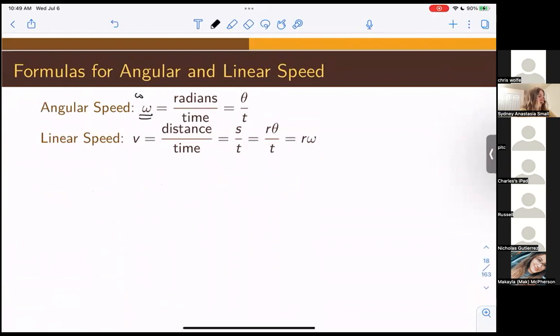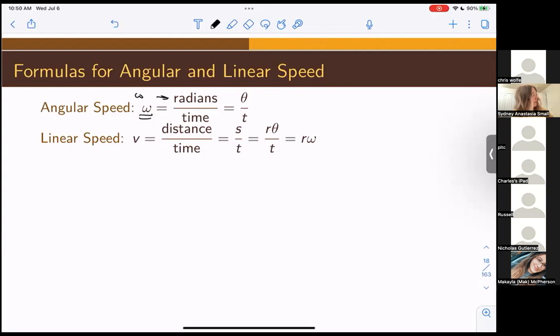But angular speed, we will always want in radians over time. We want the top guy to be how many radians we're traveling. We could do degrees. We could do revolutions, but whenever we're relating angular and linear speed, we need things in radians because it just makes life nicer. It gives us a nice relationship between the radius and the circumference. Radians are just really nice to work with.